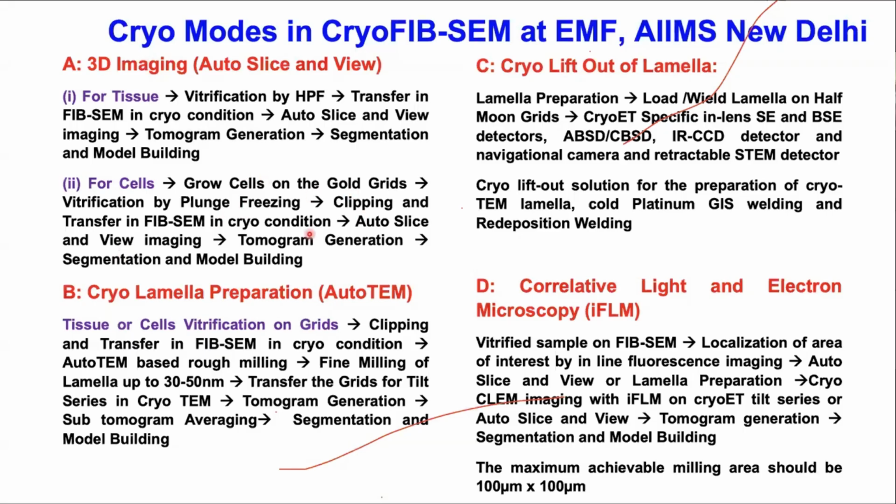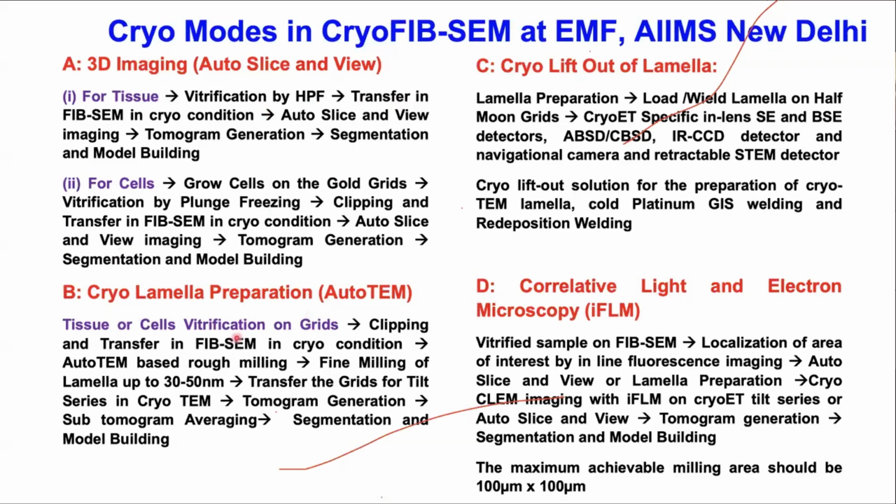So much information you can get from this. Many literatures are already there where people are using cells for tomogram generation and small organisms, and the information is a little less when tissue is used for auto slice and view.